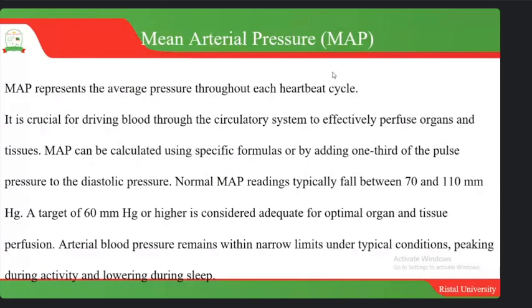So let us see also about the mean arterial pressure. What does it mean? The mean arterial pressure represents the average pressure throughout each heartbeat cycle. The heartbeat cycle is basically receiving and pumping out blood. That is a complete cycle. It is also crucial for driving blood through the circulatory system to effectively perfuse organs and tissues.